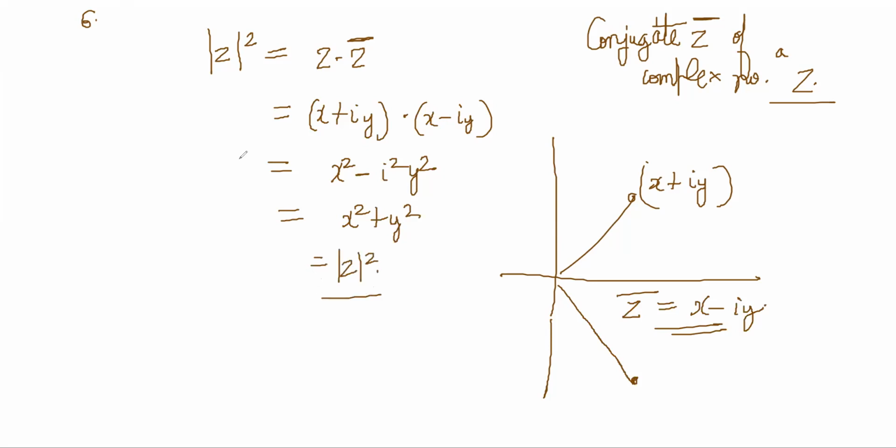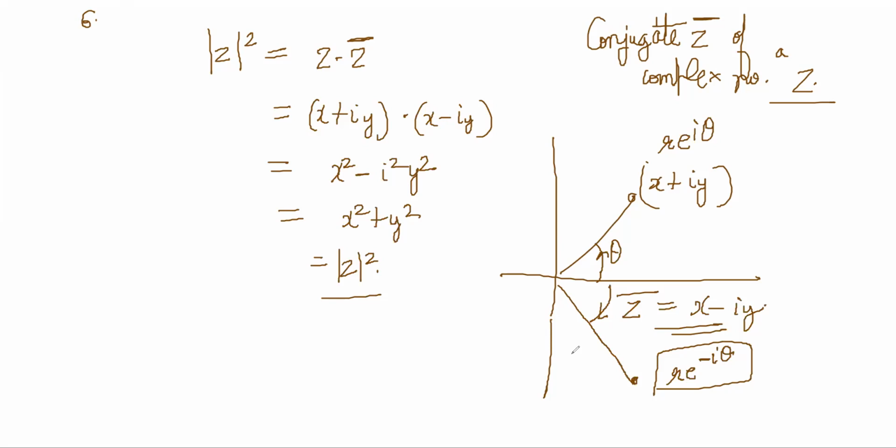Also, you could think of conjugate in a different way. Instead of x and iy, you can think of r e to the i theta. When you take the mirror image, instead of an anti-clockwise angle, you just have a clockwise angle. You are not changing the length, so the new complex number should be r e to the power minus i theta, because the angle is in the clockwise sense below the x-axis, in the fourth quadrant, and that angle is called a negative angle.